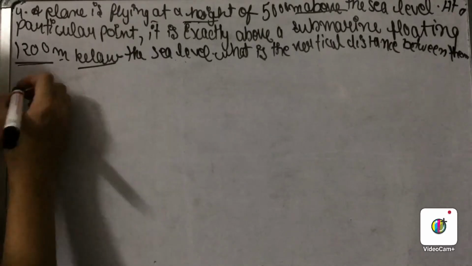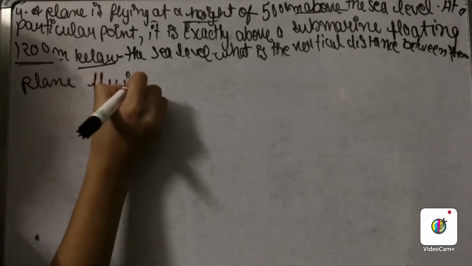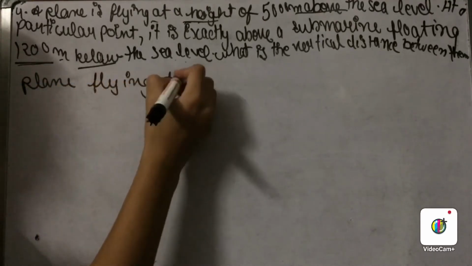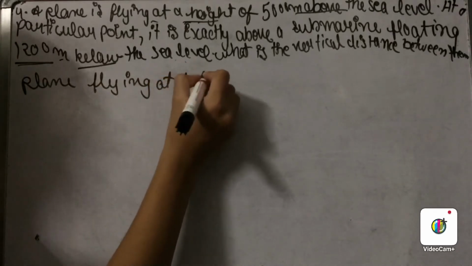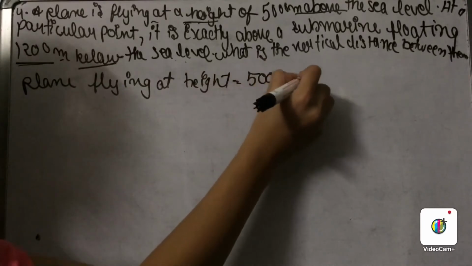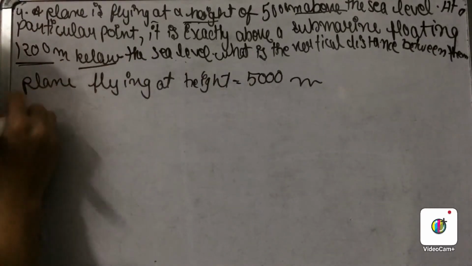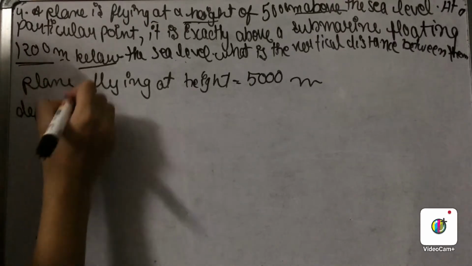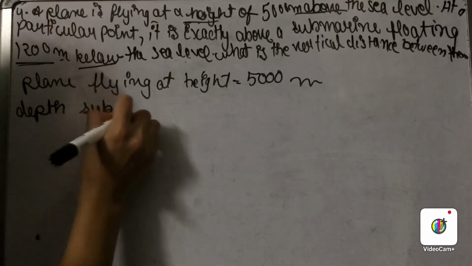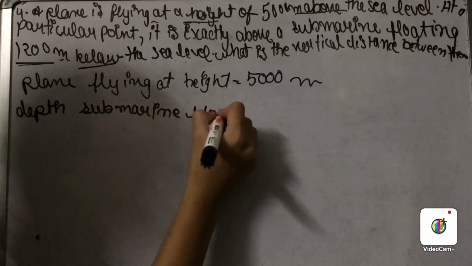To solve this question, we will write here: plane flying at height. Now at what height is the plane flying? The plane is flying at 5000 meter. Now depth, submarine floating.